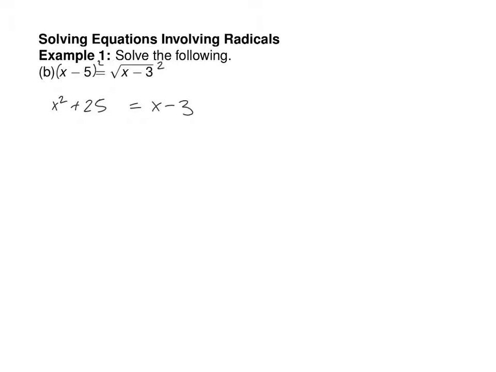So the part that's wrong was this part. What should it have been instead? X squared minus 10x plus 25. Very good.